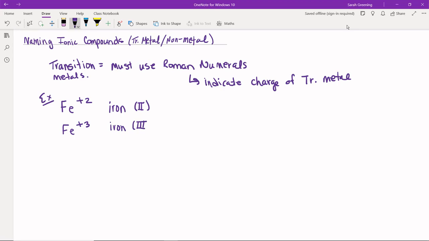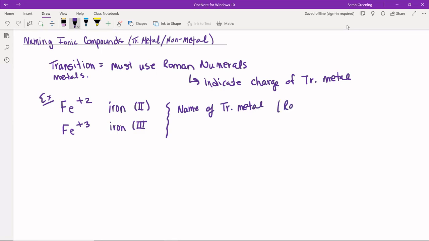And the generic formula for putting together an ionic compound name for a transition metal with a nonmetal, you would have the name of the transition metal, as in the example iron, for example.